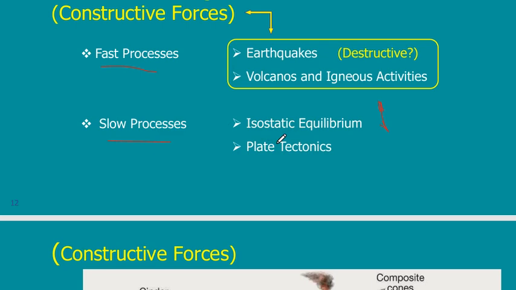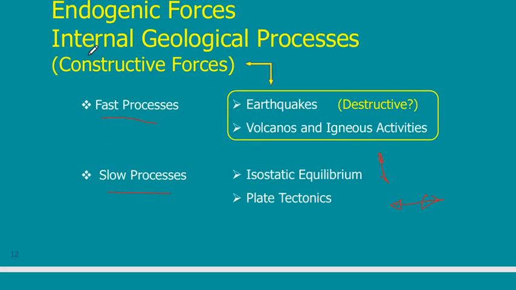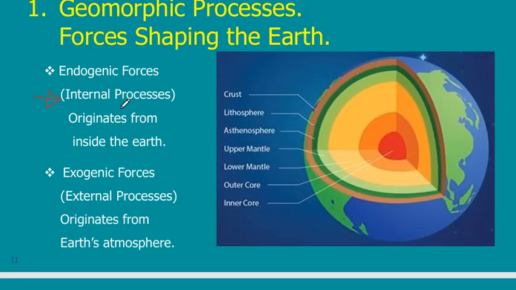Plate tectonics means that the plates move horizontally. The plates of the earth move right and left. So plate tectonics and isostatic equilibrium are very slow processes, but the fast processes are earthquakes and volcanoes. So slow processes and fast processes are part of the endogenic. Endogenic means the internal forces.